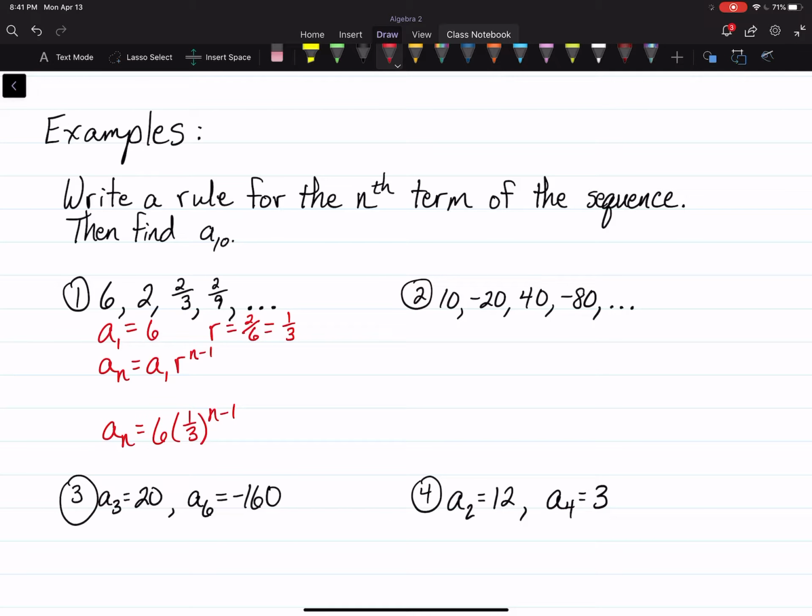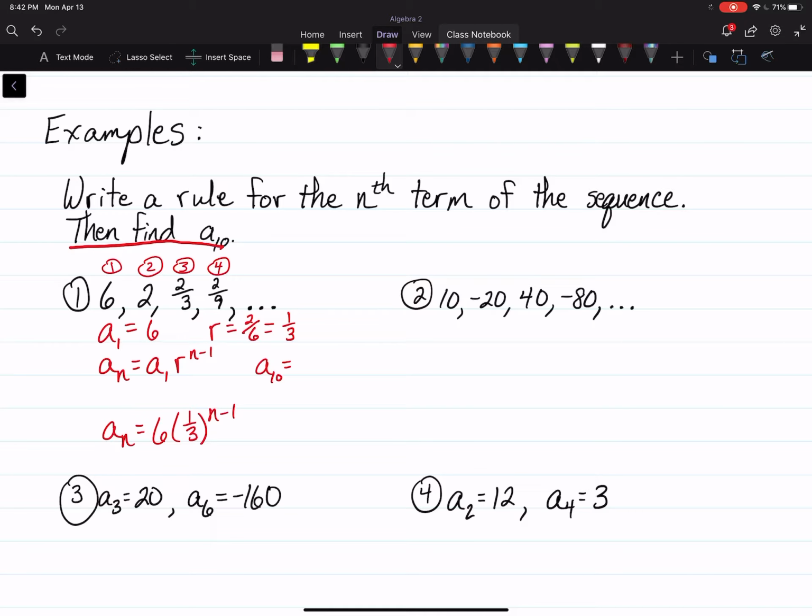The question also says, then find a sub 10. To do that, all you do is plug in. So a sub 10 means they want the 10th term of the sequence. We could, if we wanted to, keep going until we got the 10th term: first term, second term, third term, fourth term.